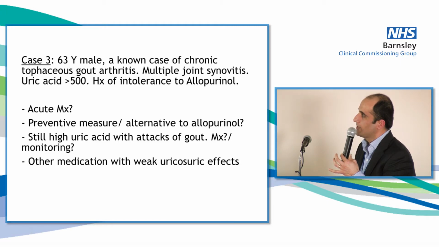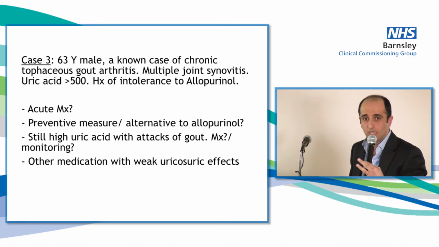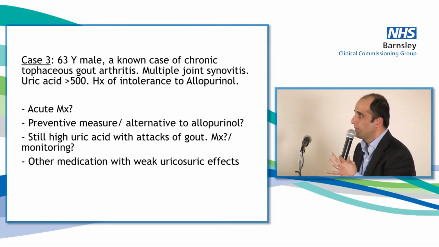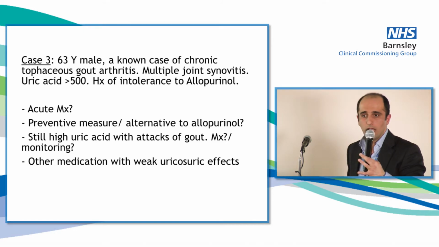A 63-year-old male, a known case of chronic tophaceous gouty arthritis with multiple joint synovitis, uric acid more than 500, and a history of intolerance to allopurinol. For the acute management, you try one of the 3 medications that we talked about. Then for the preventive measure, as an alternative to allopurinol, we go for, anyone? Febuxostat.